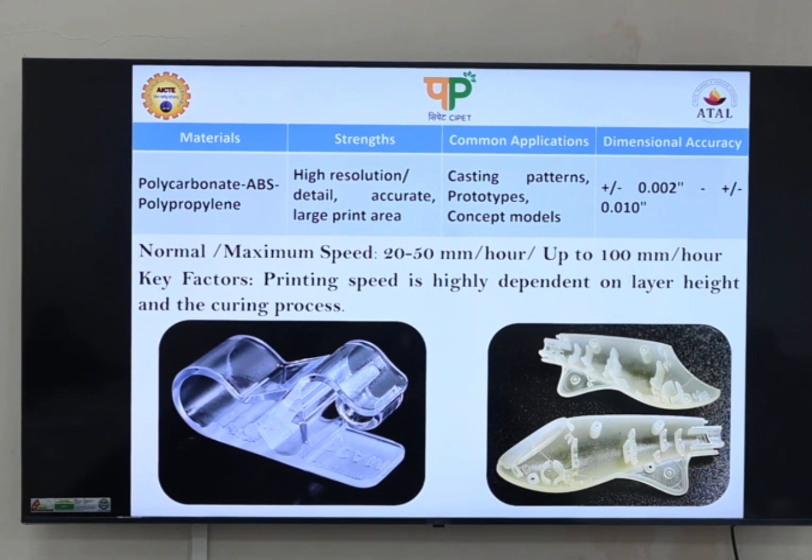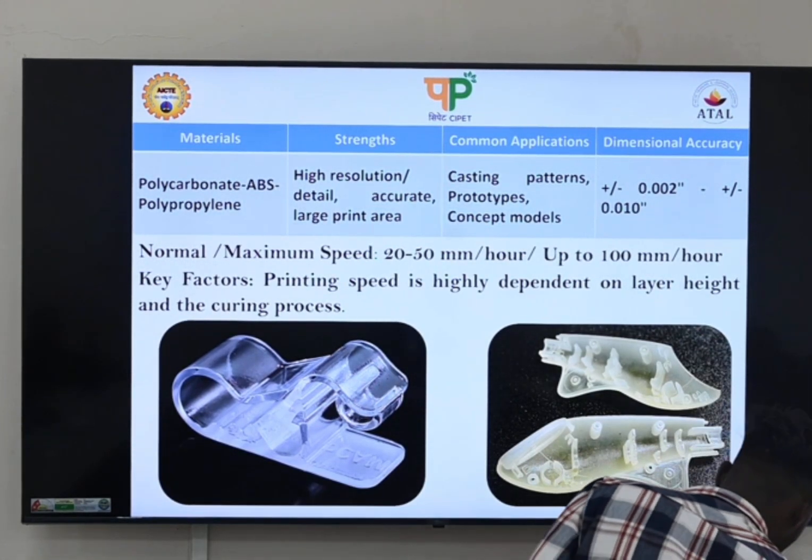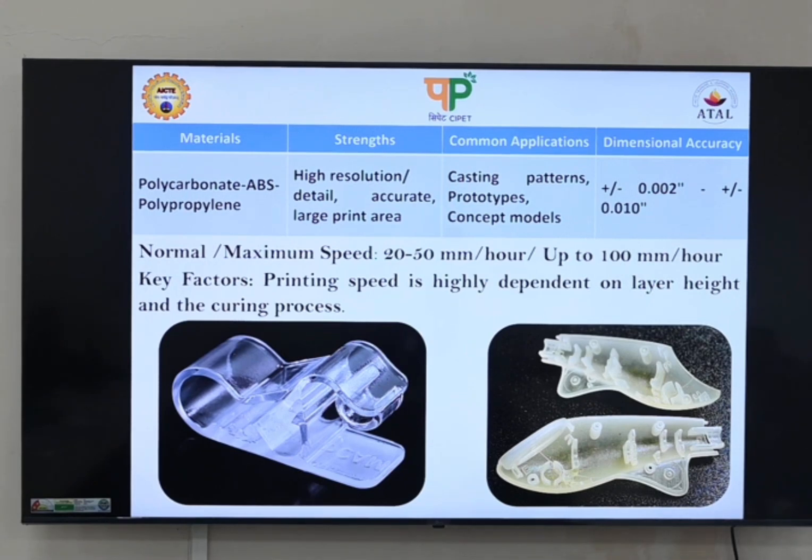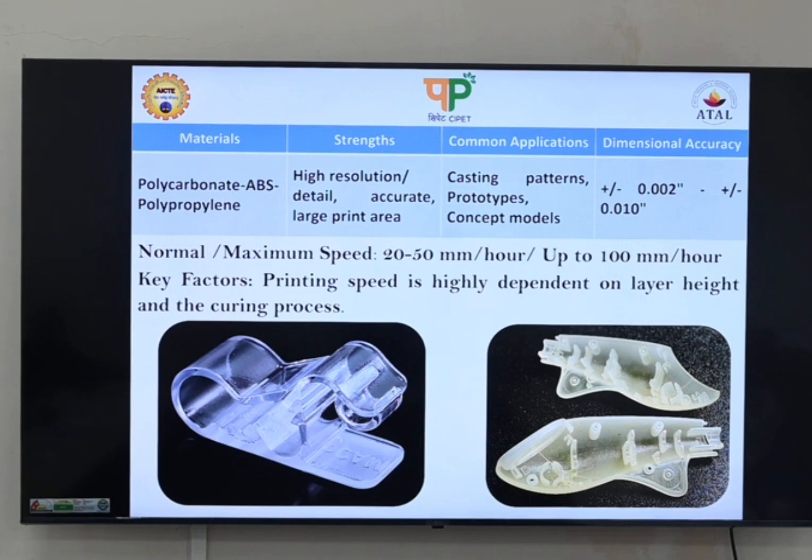High resolution you can easily get, and an accurate, large print area you can easily do. Approximately we can say 0.05 mm resolution you can get here. Generally in this type of process the speed is 20 to 50 mm per hour. Next.